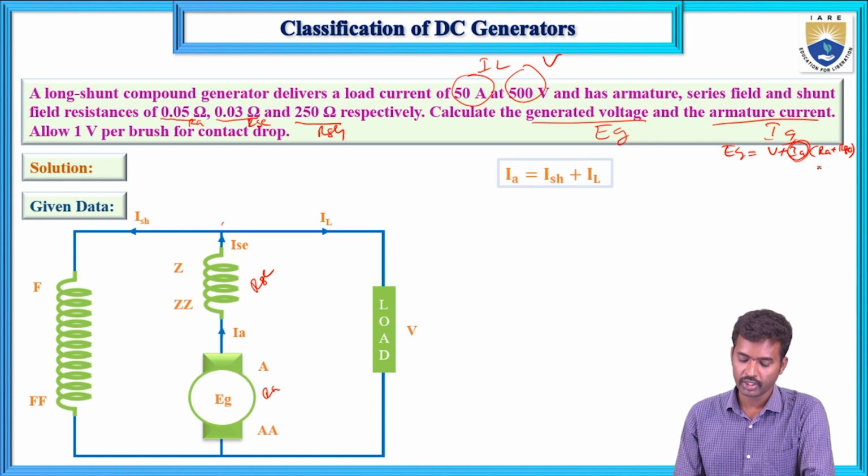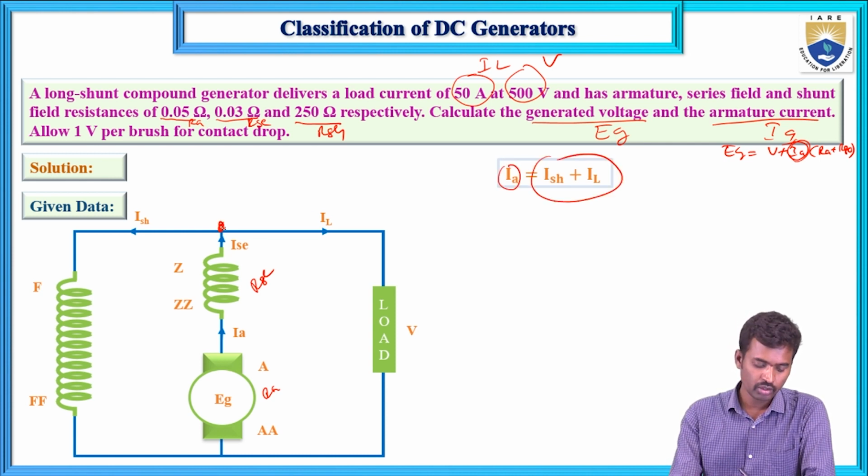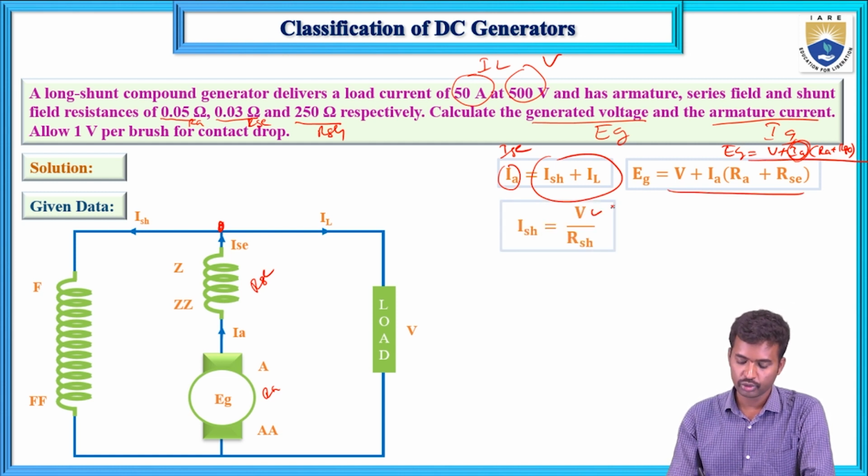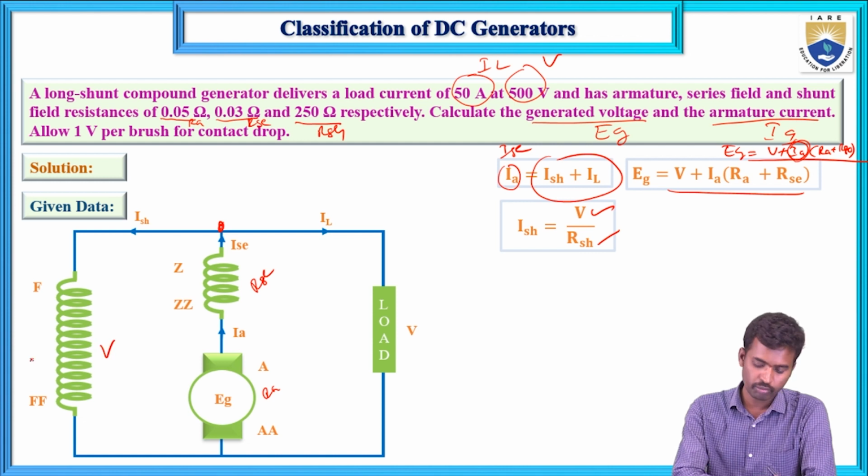What is the formula here? IA equals ISH plus IL, and you can write here I series. ISH equals V by RSH, a well known formula.